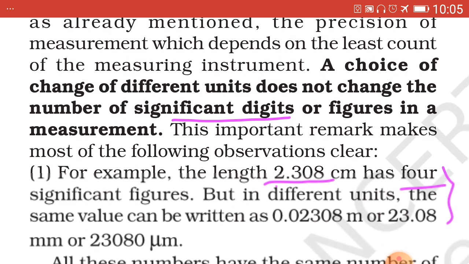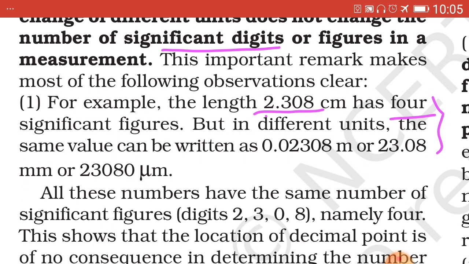Say for example, the length given is 2.308 centimeter. Now how many significant figures are there? The answer is 4. But if different units are considered, say here centimeter is given, if we convert centimeter into meter, meaning divided by 100, then it will be equal to 0.02308 meter.